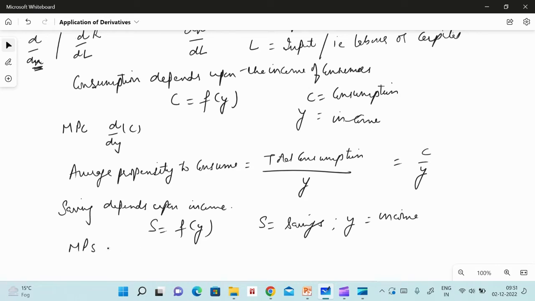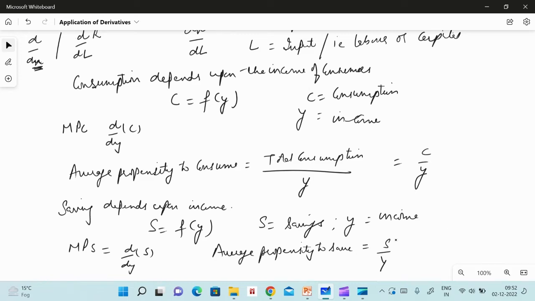So marginal propensity to save, the formula is the derivative of S with respect to Y, and average propensity to save is equal to S divided by Y.